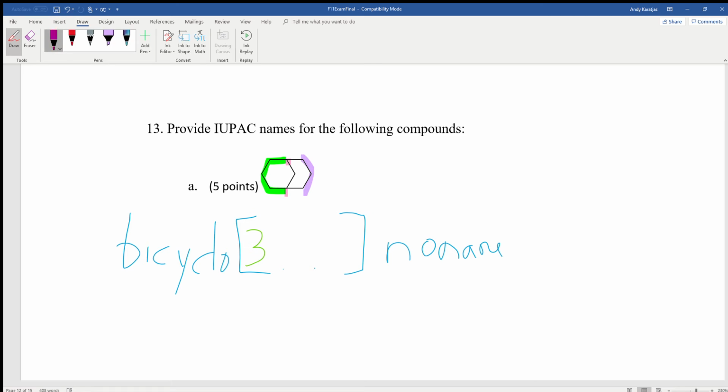We can also see that that contains 3 carbons. And finally, we'll use yellow for our third path, which is the one in the middle. That contains just 1 carbon, because recall we don't count the bridgehead carbons as part of those. So we have here bicyclo 3,3,1 nonane.